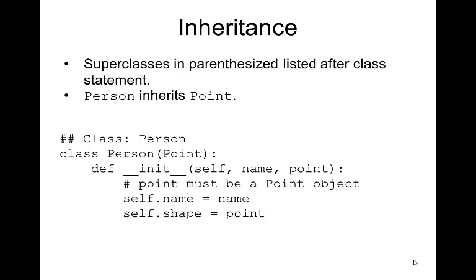If you just leave out the inherit point, would it still work? If you've just got class person? Yes, it would, because it's a loose implementation. You could attach the point object there, but then the class person wouldn't know that it should inherit the methods and attributes from point.